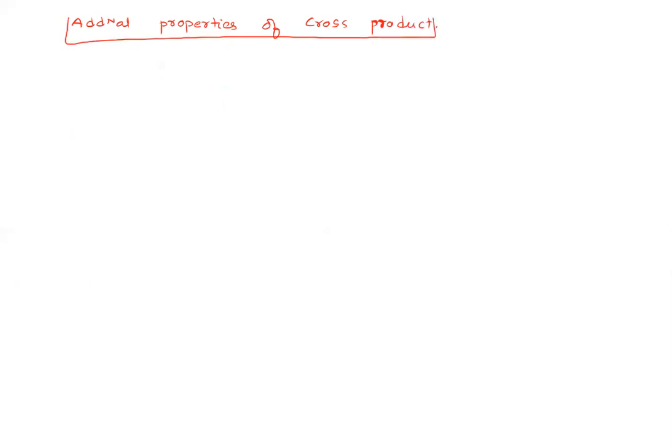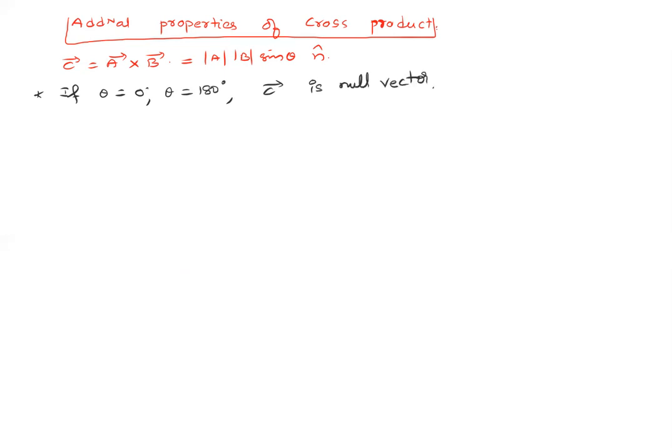If c bar is equal to a bar cross b bar, then you have mod a mod b sin theta into n cap as your cross product. Now if theta is 0 or theta is 180, your cross product is a null vector, which means zero magnitude.